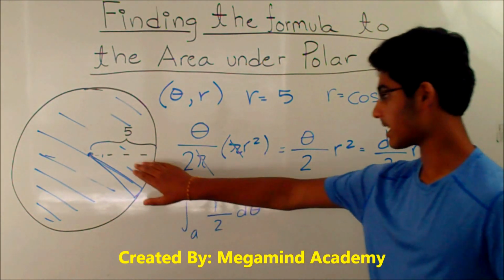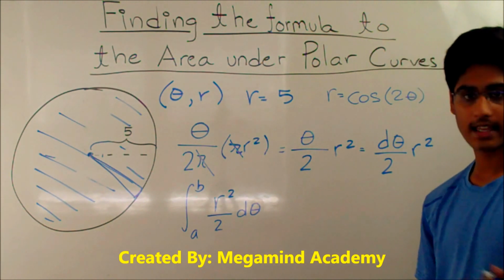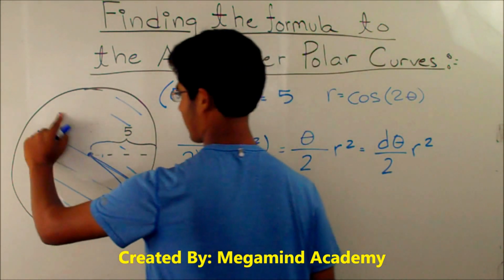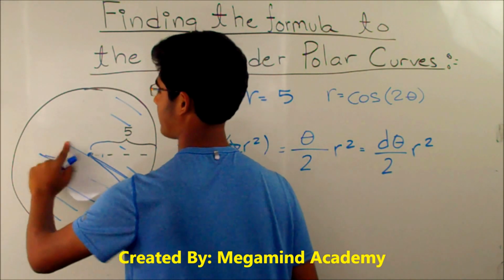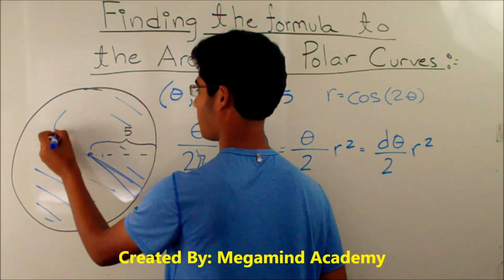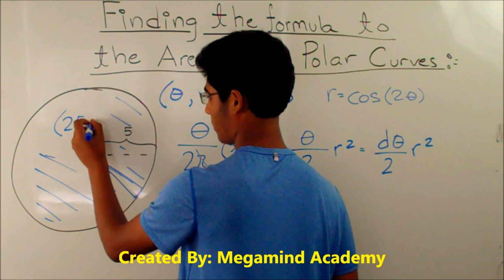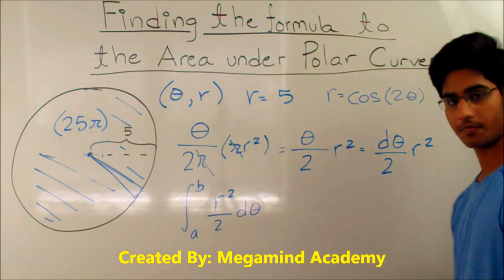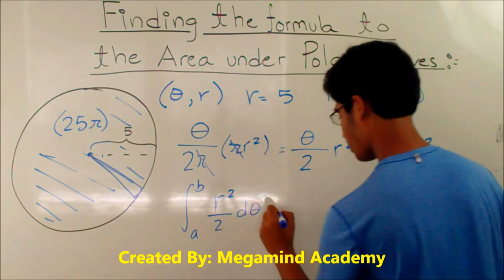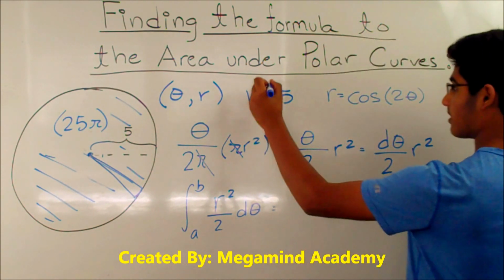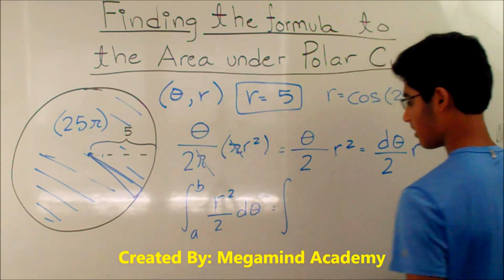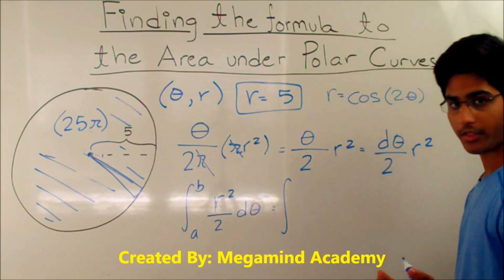So let's do this example over here. We know that this area will be pi r squared, or 25 pi. Let's just write that up here. But let's see if our formula works, because we know that a circle can also be modeled as a polar curve. So this circle is r is equal to 5, so the integral from what to what though?